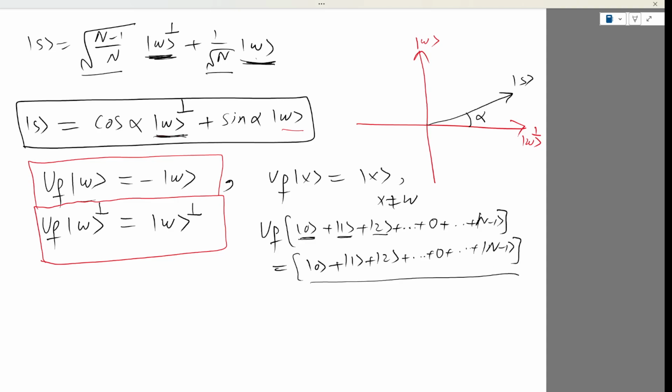So this means I can easily express this UF like this, this minus this. So this is an operator that does exactly what we just described. All right. And I can easily write it like this.